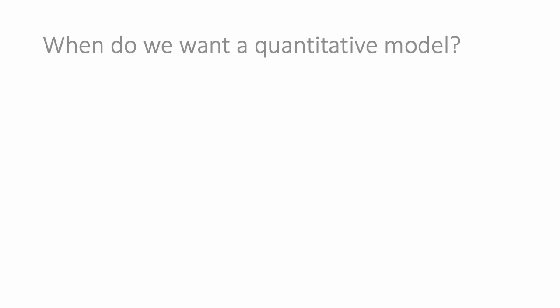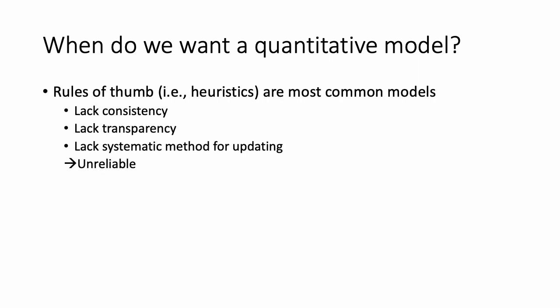So, moving from abstract models to, well, when do we want a quantitative model? Now we're talking about models with data. We use these all the time: rules of thumb, they're called heuristics. These are the most common models, obviously. But the problem is, they're not always consistent. We don't always maintain internal consistency, depending on our mood and a number of other factors. They lack transparency.